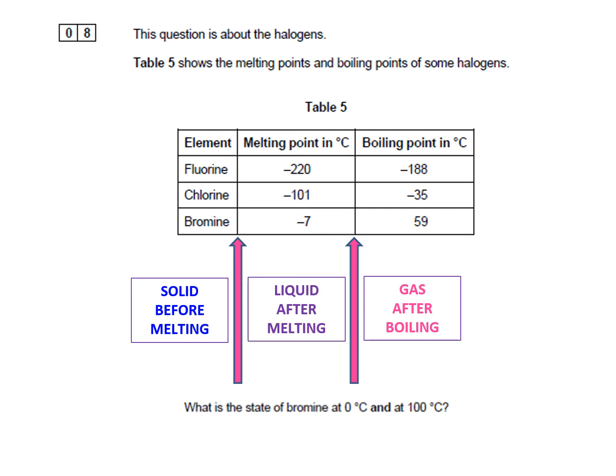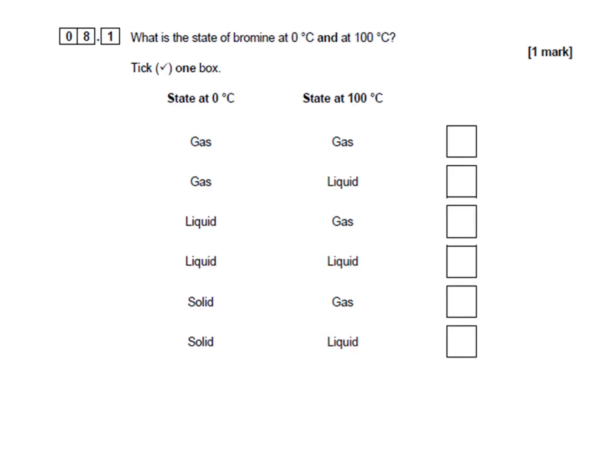It will have melted and therefore it will have turned into a liquid. When we get to 100 degrees C, it will have boiled, so it will have turned into a gas. Hence our answer to our question is going to be that it's turned into a liquid before 0 and it's turned into a gas by the time we get to 100.